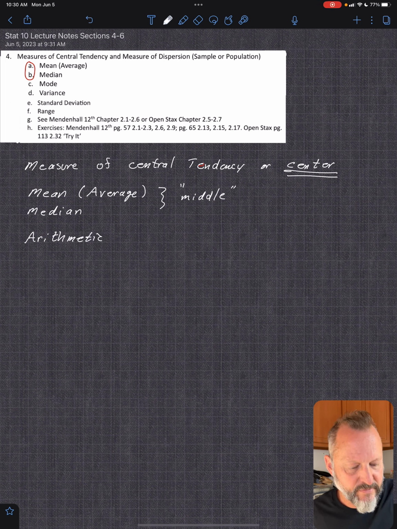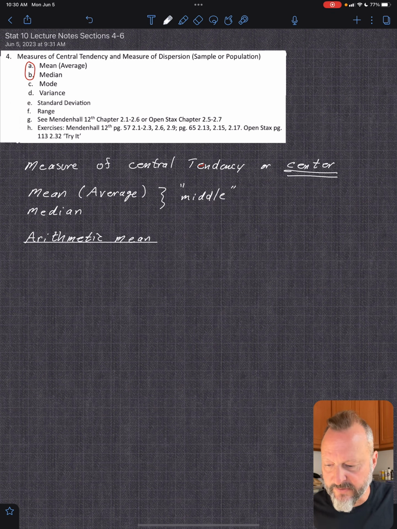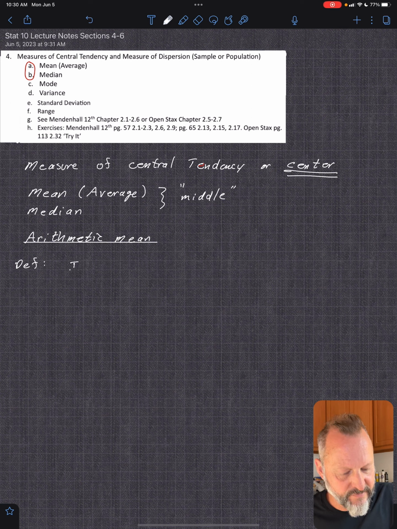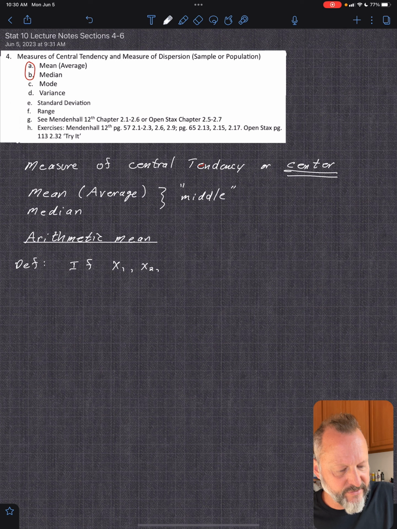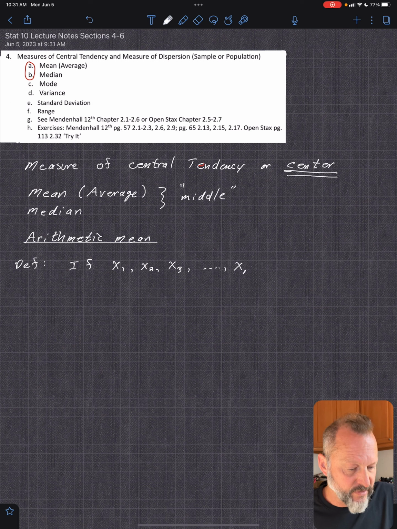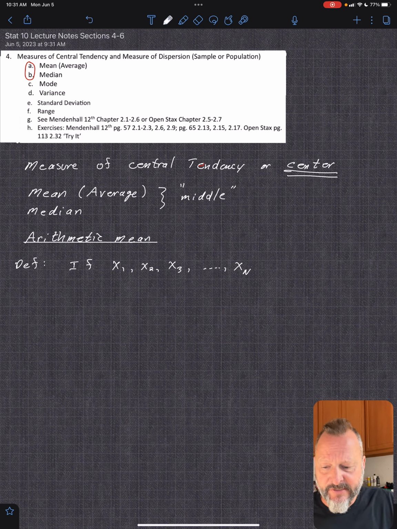Okay, that's what we're defining first. So here's the definition. Suppose x1, x2, x3, all the way to x sub n. So there are n data points, n measurements.